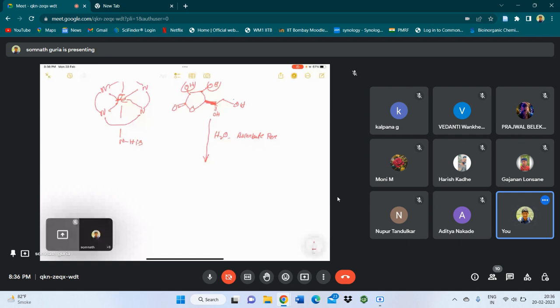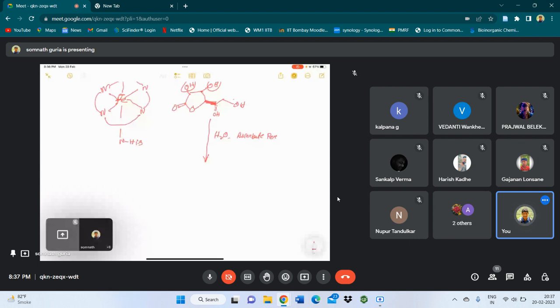So this is double bond O, this is double bond O, above the plane, and OH, and two molecules of H2.